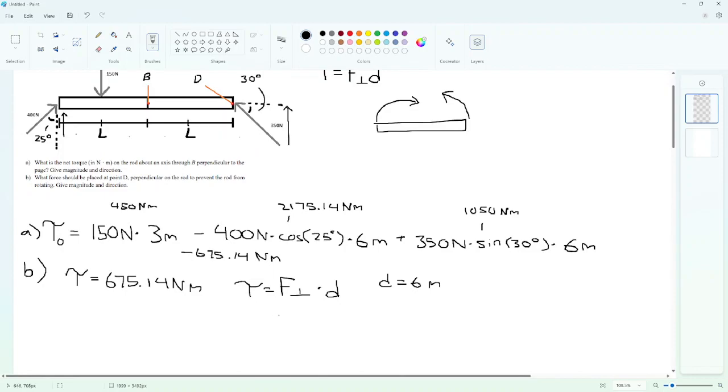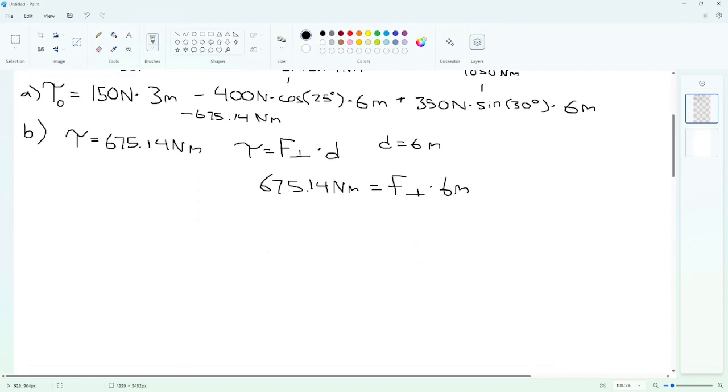So we set 675.14 Newton meters equal to force perpendicular times 6 meters. To find force perpendicular, we just divide this by 6.